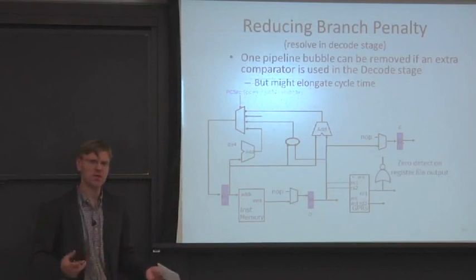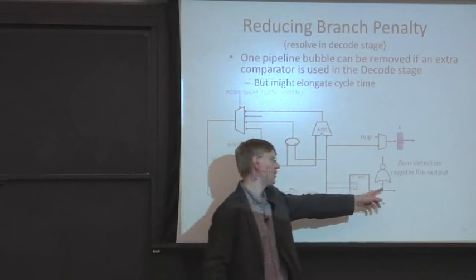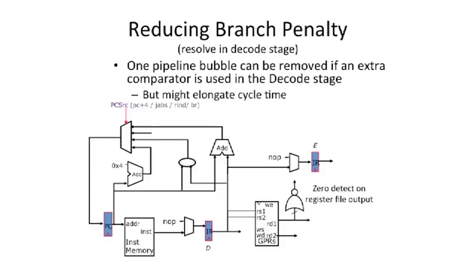So some people came up with this smart idea that we can add a 0 detector onto the register file output. And by adding the 0 detector into the register file output, we'll know which way the branch goes. One of the interesting things is this is actually a little bit easier than doing a full comparison with 0.